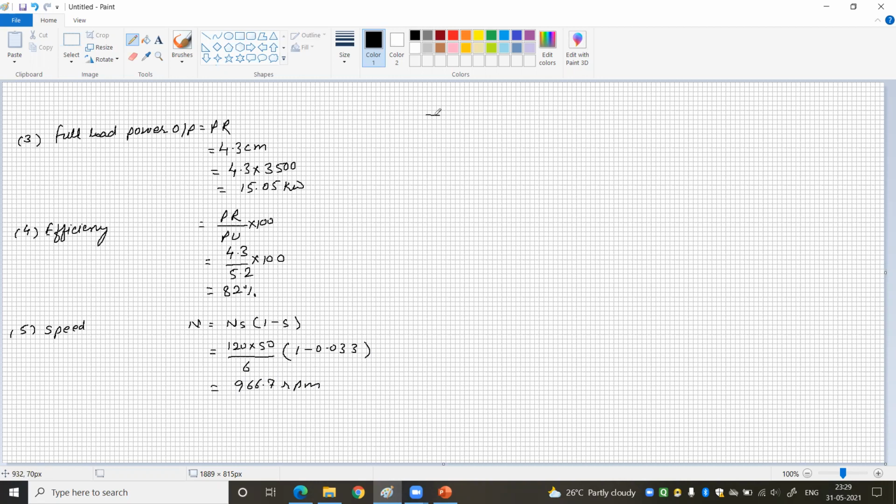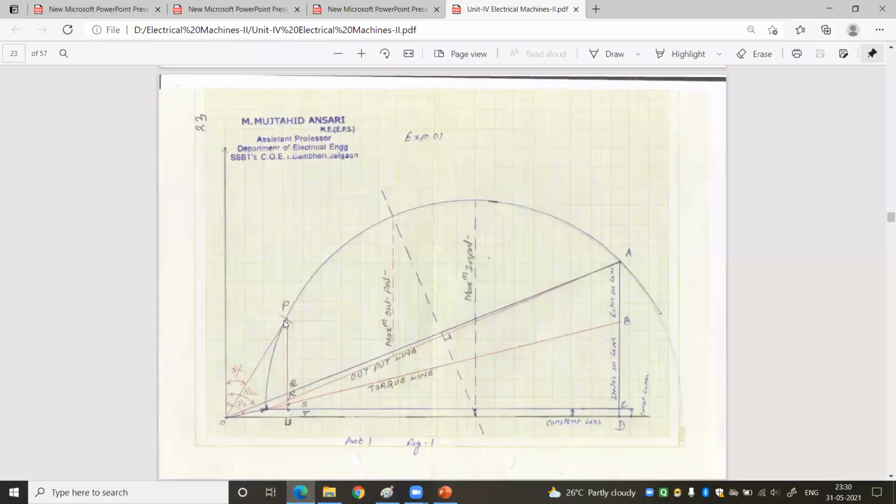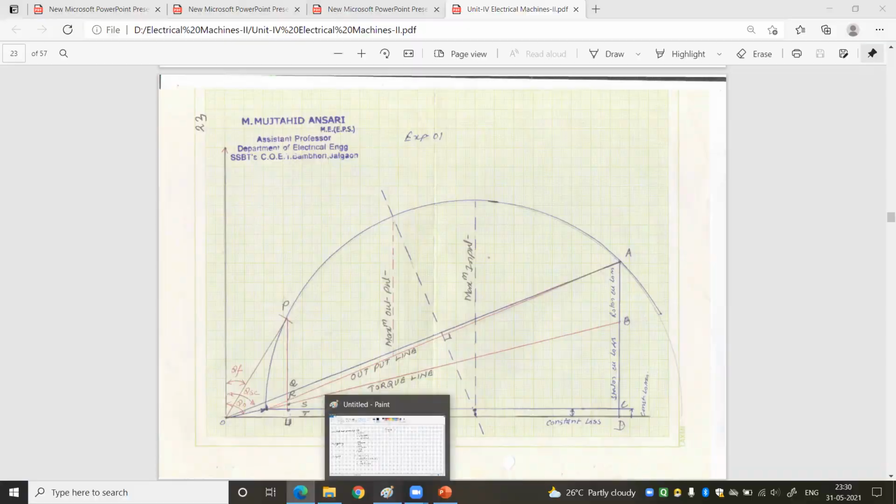Now torque, full load torque. Torque is obtained from the operating point P2 to the torque line. So this is P2S. P2S is measured in centimeter and multiplied by the power scale.